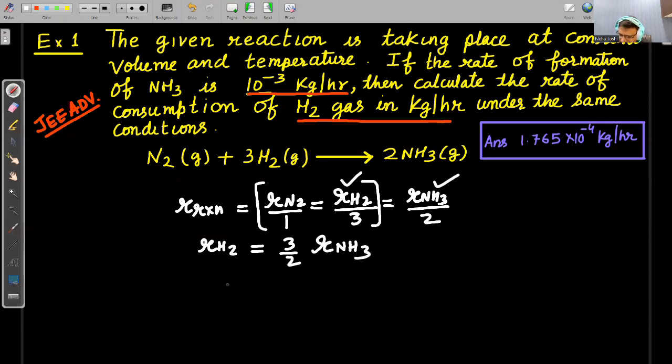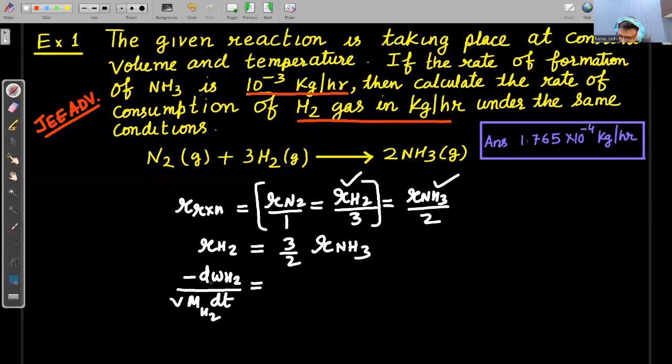Now, when we are writing the rate of reaction here, we can write it in terms of mass, right? So be careful about the rate of reaction in terms of mass. H2 is a reactant, so minus times the change in mass of hydrogen with respect to time, divided by molar mass of hydrogen, divided by volume of the system.